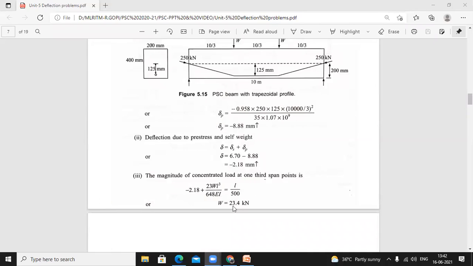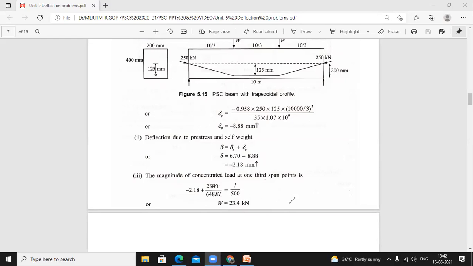So if you equate these values, substituting L value 10,000, E value 35, and I value 1.07 into 10 power 9, we can easily get the W value. This is the amount of concentrated load: 23.4 kilonewton.